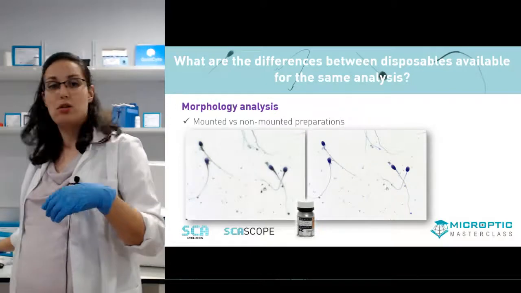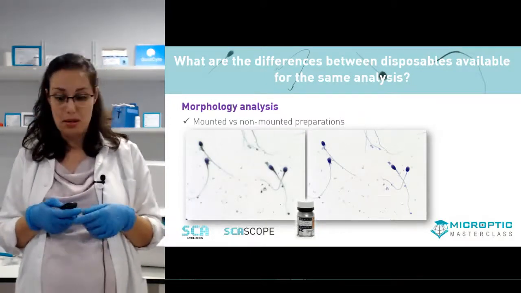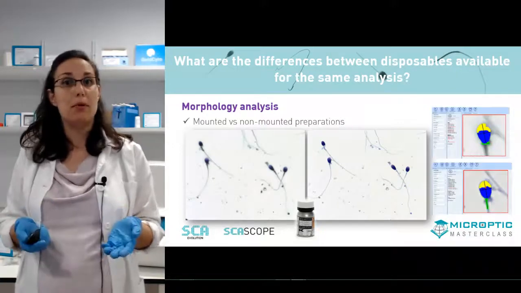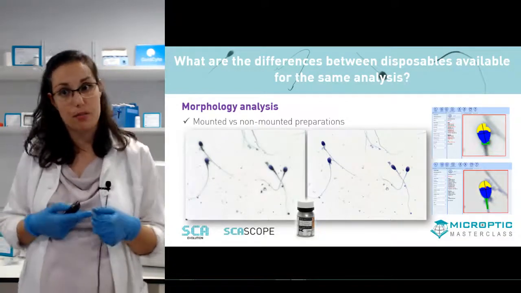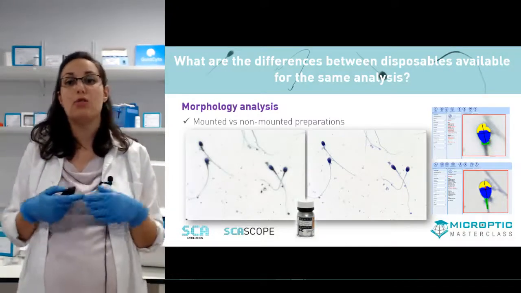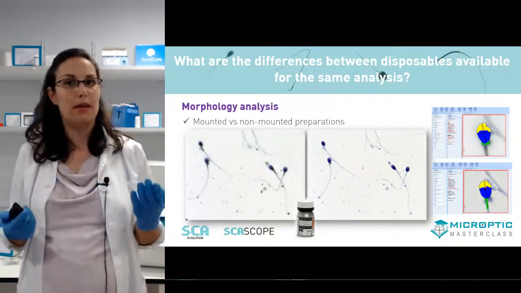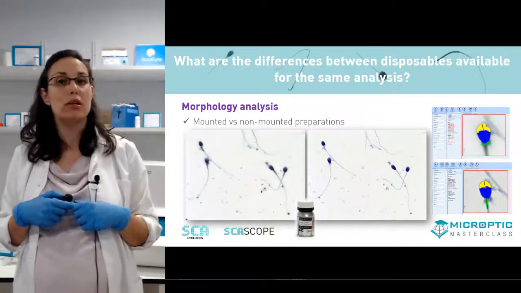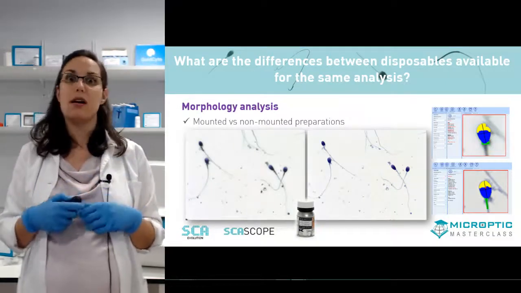Okay, you can use EOKit or similar synthetic mounting media, but these are especially important when you are using CASA, because they are very accurate methods for measuring sperm morphology, and the sensitivity to detect the different structures is very different depending on whether you are analyzing mounted or not mounted slides. Okay, so this is something to discuss.